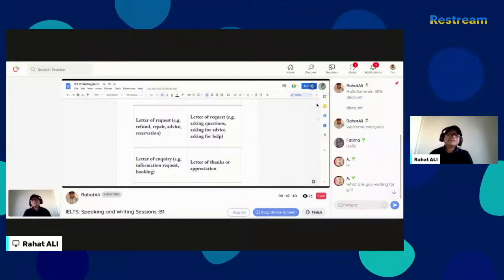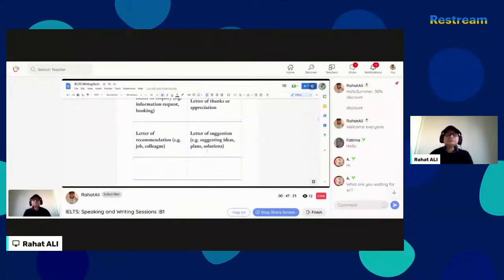Then informal letter again, letter of inquiry, e.g. information request, booking, letter of thanks or appreciation. Then informal letter, letter of recommendation. Informal letter, letter of suggestion, ideas, plans, solutions.